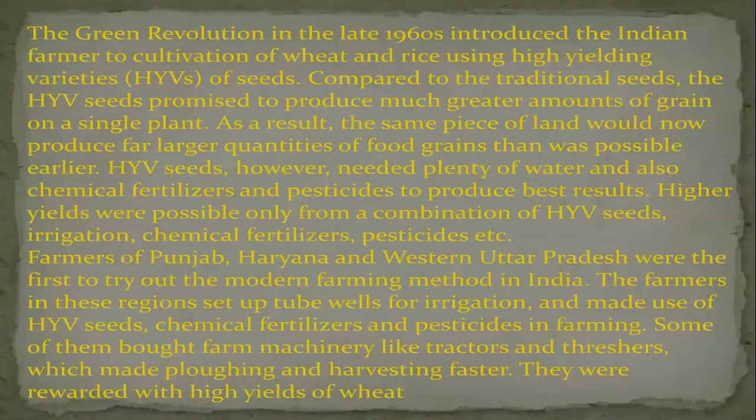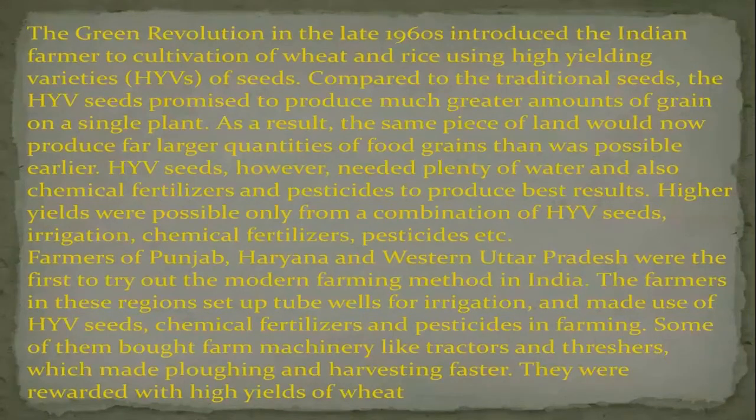Basically, the HYV seeds promised much better production compared to our traditional seeds. Our traditional seeds gave a relatively low yield, and HYV gave a higher yield. This is another method by which we can increase production on the same piece of land.